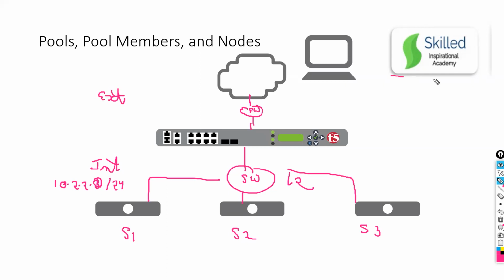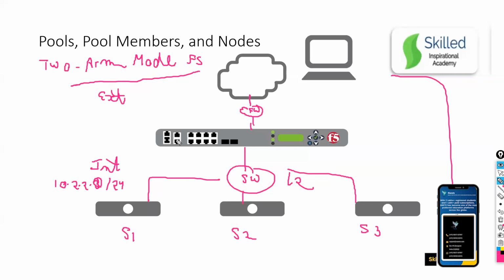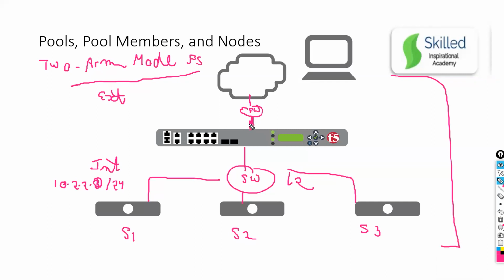By default, guys, this question will be asked: what is two ARM mode architecture in F5? Very, very important, guys. Two ARM mode architecture means you are using two VLANs or two interfaces. One interface of F5 is used for external, and one interface is used for internal. So how many interfaces are there? Two interfaces we will be using.